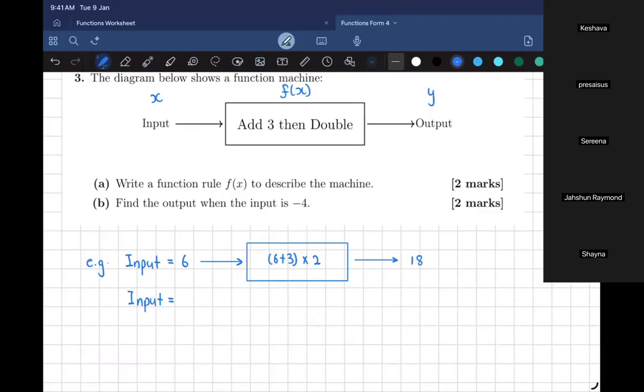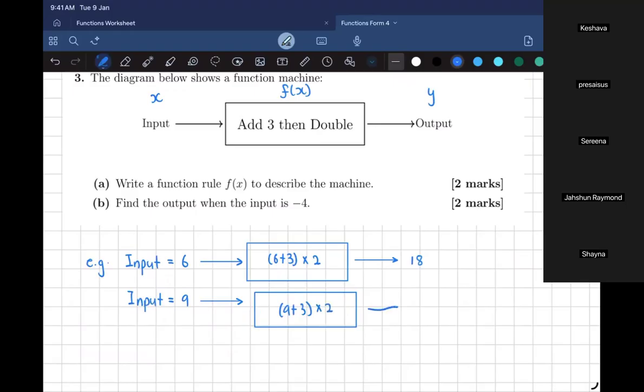Sir, 9. 9. Okay, so the function is saying to add 3, then double it. So I want you to add 3 to 9. All right, so we're going to say 9 plus 3, and whatever we get for that number, what are we going to do with it? So double it, multiply by 2.